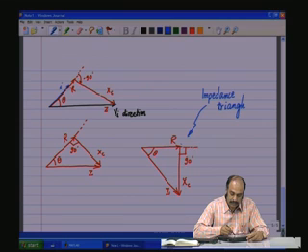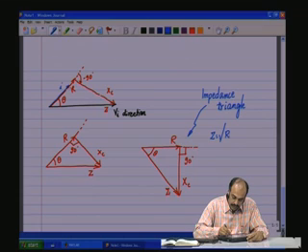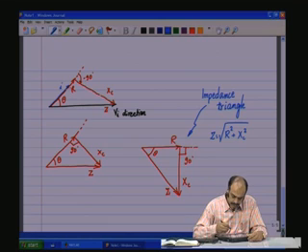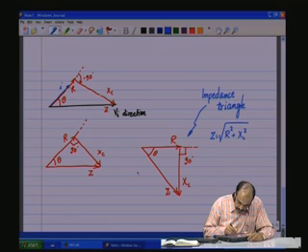So, if this is R and this is XC, this is Z, and Z will be equal to square root of R square plus XC square by applying the Pythagoras theorem. So, this is nothing but root of R square plus XC square.